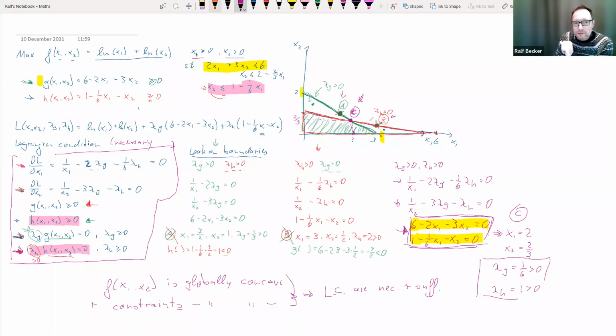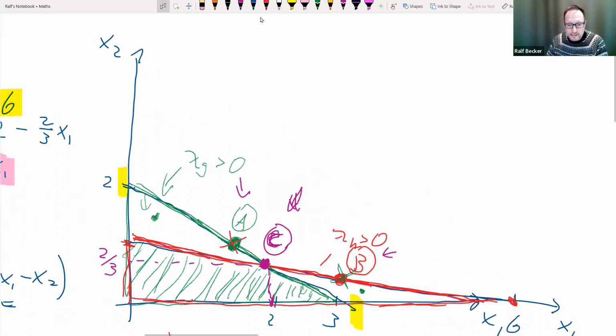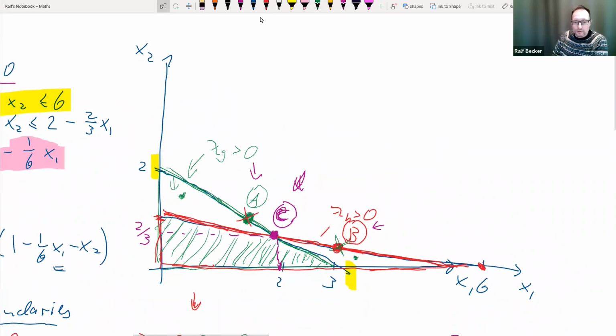It's a super good question. Let me make this a little bit bigger for this discussion. Let's imagine that when we looked on the red boundary, we would have found this point D. With a different slope of the function, that could have been possible.